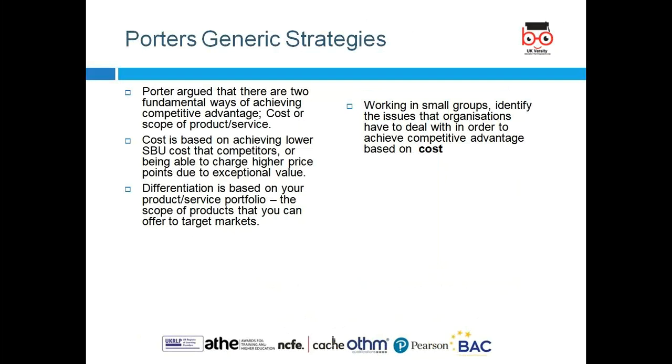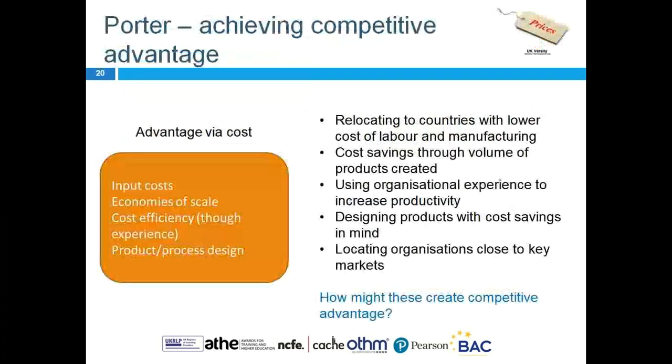Porter argued that there are two fundamental ways of achieving competitive advantage: cost and differentiation. Cost is based on lower cost, as we discussed. Porter achieves these advantages via input cost, economies of scale, cost efficiency through experience, and product and processes.